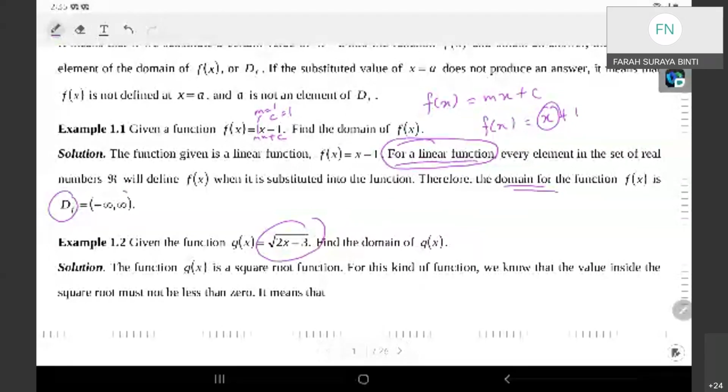It's not a linear function because it is not in the form of y equals mx plus c. Nampak macam mx plus c kat dalam ni, tapi dia ada square root. So, this function is not a linear function. So, the domain is not real number. So, apa domain dia? Kita kena tengok solution ni.